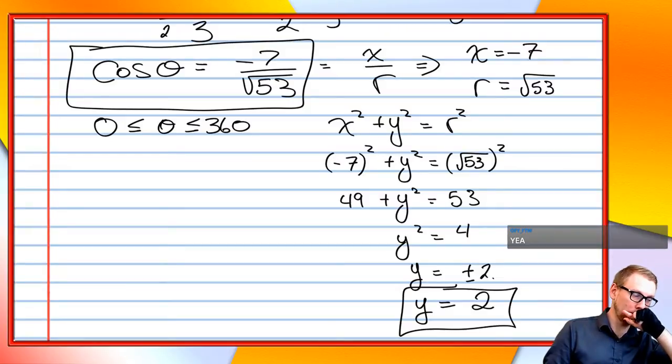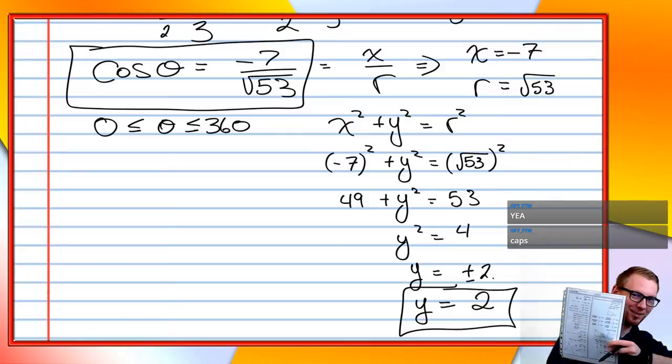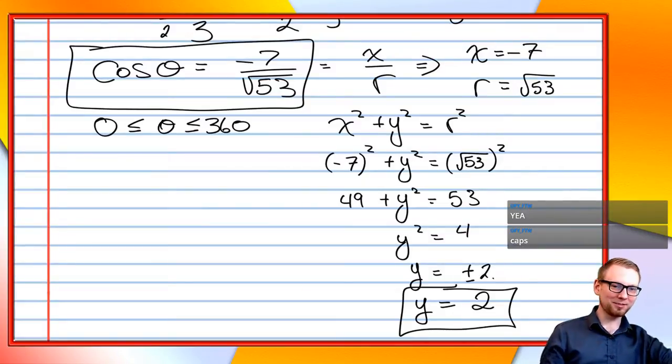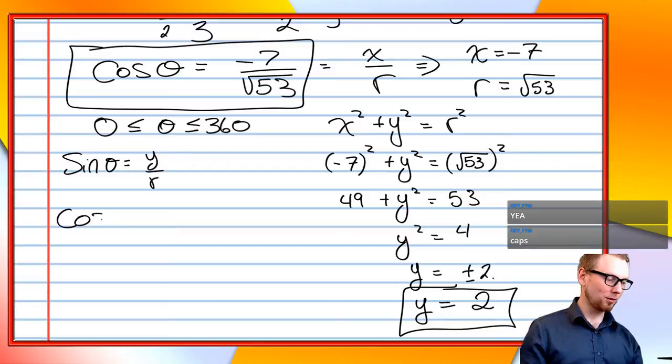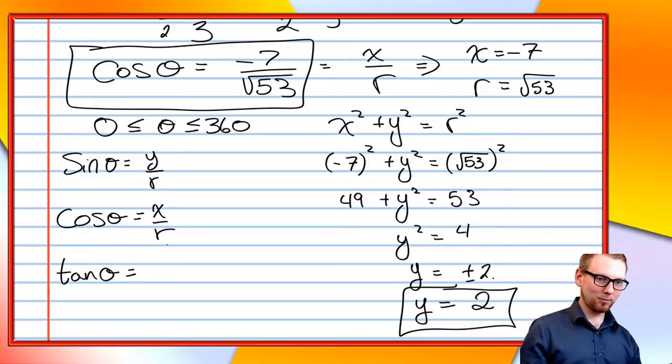Okay, good. Now, all you have to do is fill out the other 5 trig ratios. Hilariously enough, all other 5 are right here on the reference sheet. So just fill in the numbers. Sine is y over r. Cosine, we already have, is x over r. Tan, y over x.